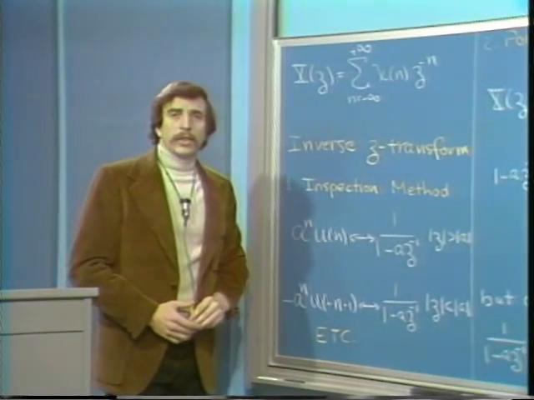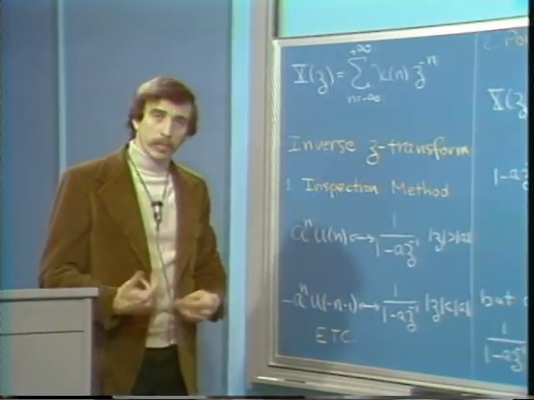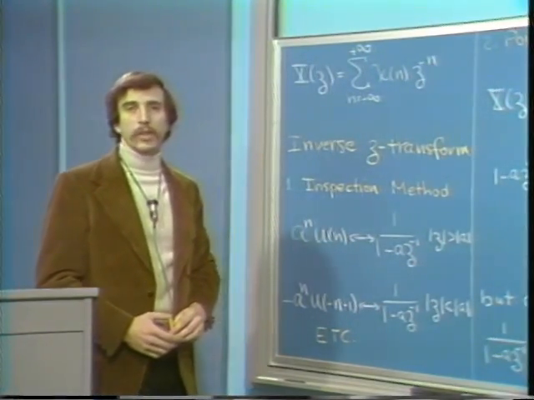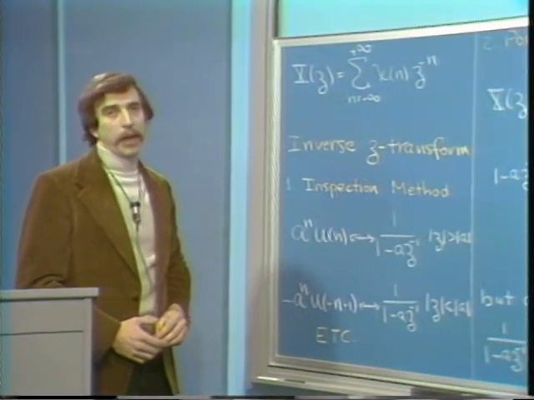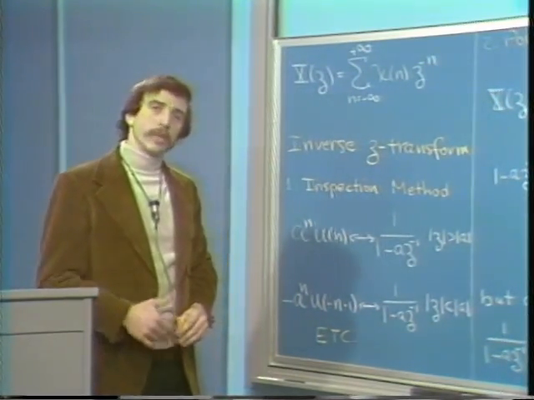There are a variety of methods that can be used for implementing the inverse Z-transform. Some of them are somewhat informal methods, and others, one in particular, which we'll talk about, is a somewhat formal method.